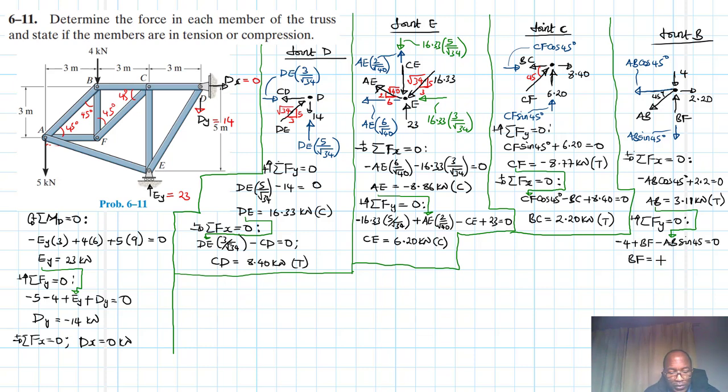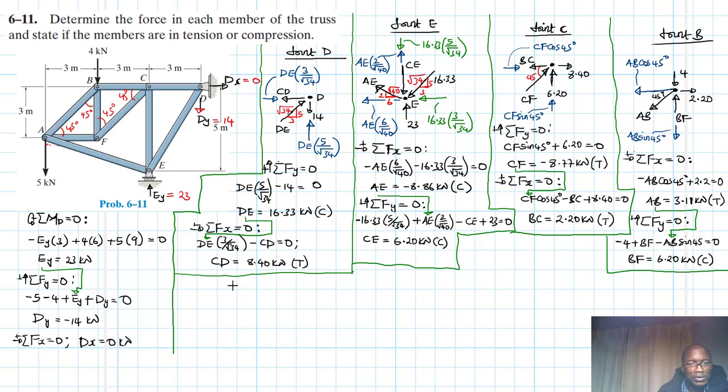So we have BF equal to 6.20 kilonewtons, and this BF is in compression as assumed. So minus 4 minus 3.11 sine 45. Alright, okay, so this is about it for this one. We can close this one here like so.